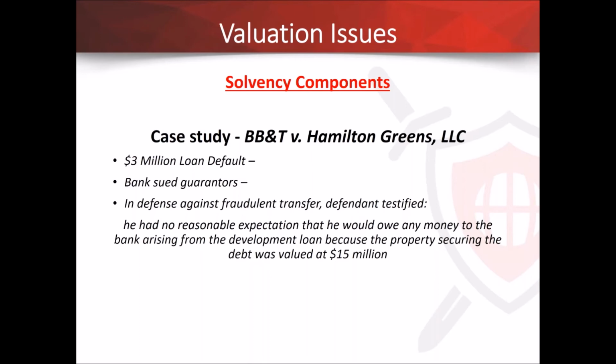The court's been making several decisions as BB&T has been chasing a guy named Ballinger, and so they've filed several motions going after Mr. Ballinger, and most recently they went after him as a guarantor on a $3 million construction loan default, and so the bank sued him as a guarantor.